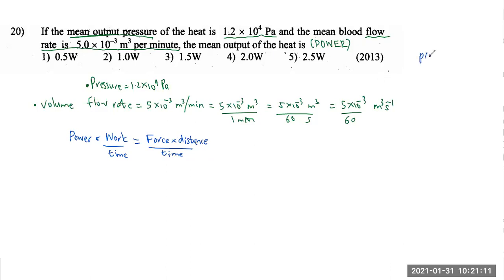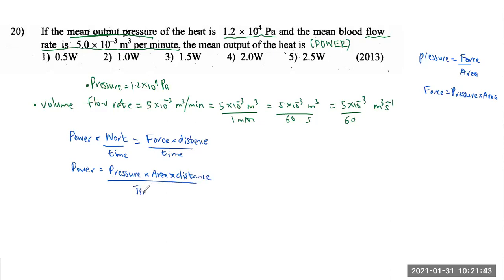We know pressure is equal to force divided by area. Therefore, force is equal to pressure multiplied by area. Instead of force, we can substitute that. So power is equal to pressure multiplied by area multiplied by distance divided by time.